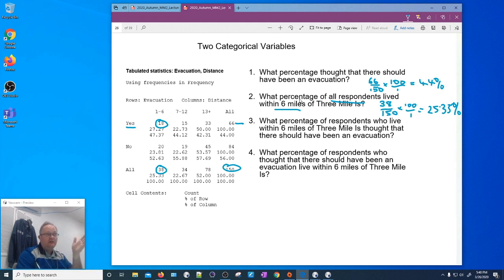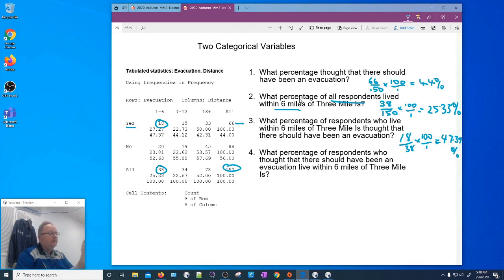Getting your data sets right and getting your characteristics right is not always straightforward. We need to be mindful of this. That represented 47.37%. So nearly 50% thought that there should have been an evacuation living within the 6 miles.